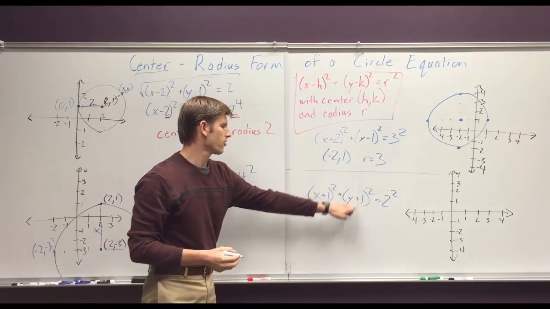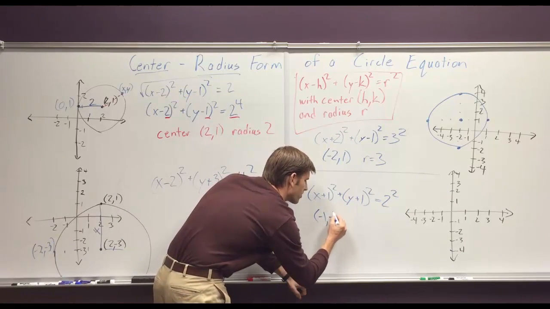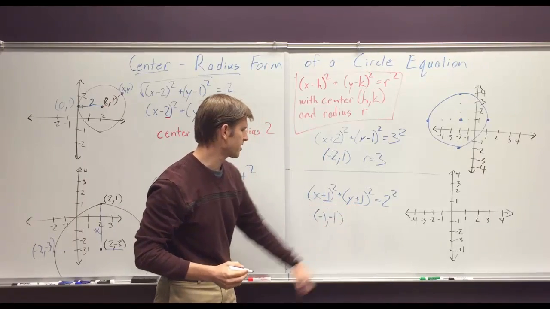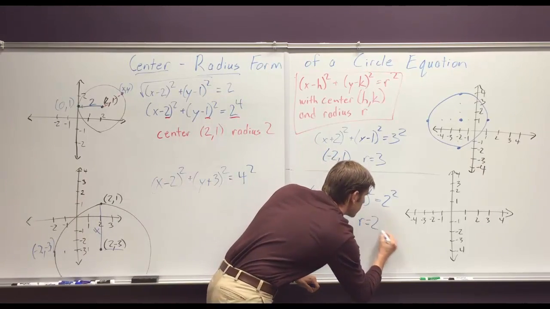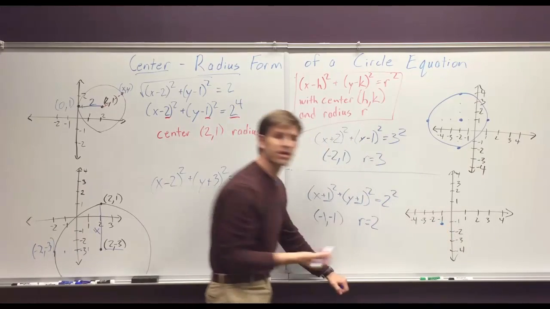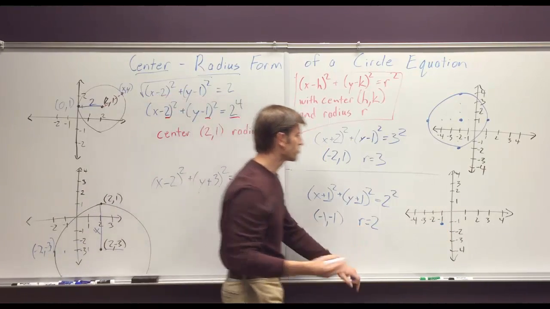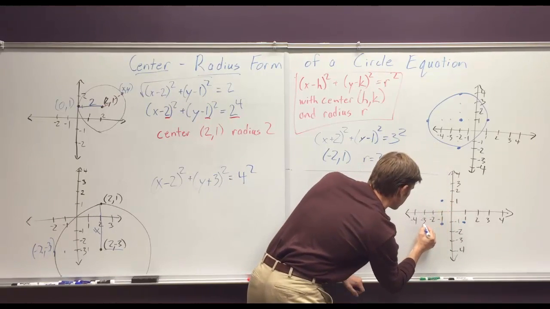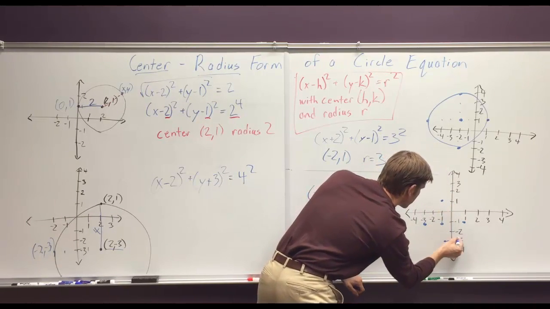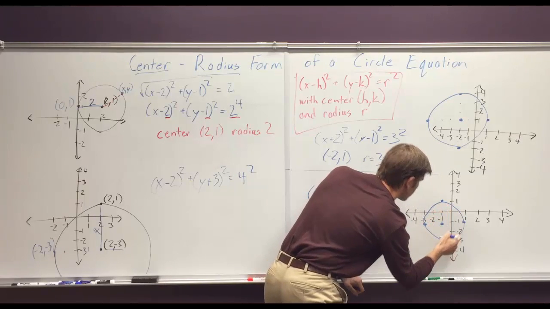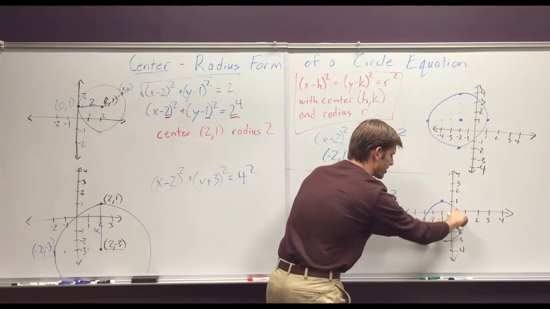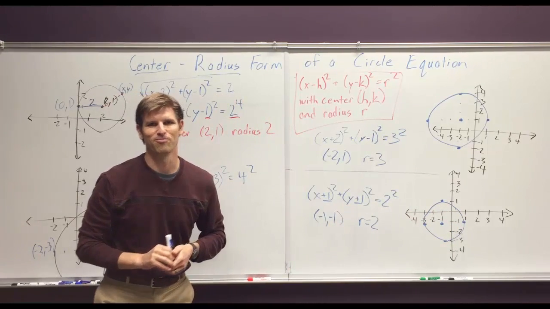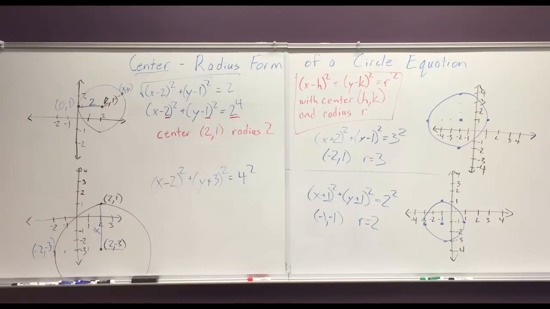Okay, now here the center is at -1, -1. I'm reading that off, minus -1, minus -1. And the radius is 2. So I come to the point -1, -1. Then I go 2 in every direction, 2 to the right, 2 up, 2 to the left, 2 down. Include 2 in that direction, 2 in that direction, and there is my circle from the center radius form.